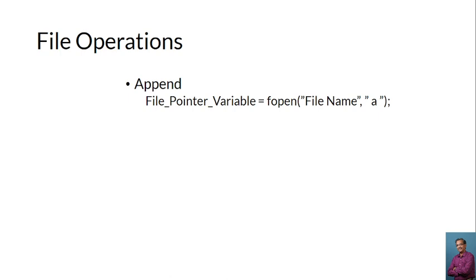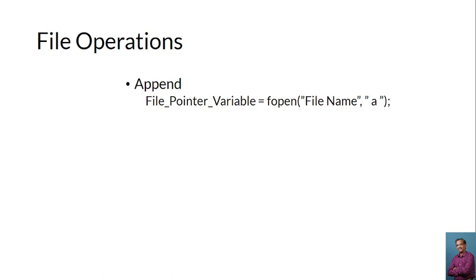This doesn't happen with write or append. If the file which we have mentioned does not exist, then the compiler creates that file and opens it in write or append mode. It won't generate any error. So this is the difference between read and write or append operations.